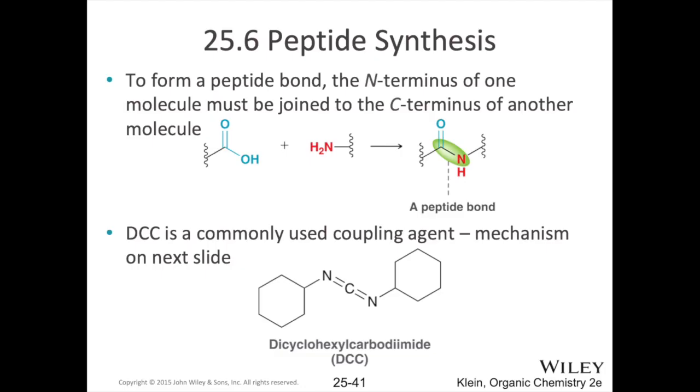To do this, we use what's called DCC, or dicyclohexylcarbodiimide, right? So we have a double imide functional group here in the middle, and these two large bulky alkyl groups.